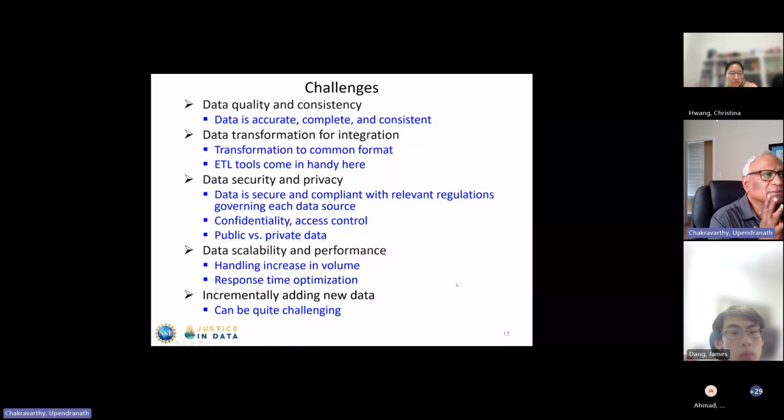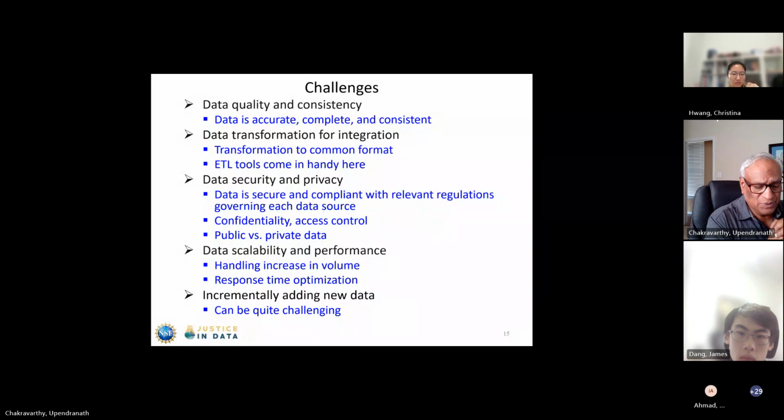What are the challenges? Certainly data quality and consistency. Quality is very important. You have to understand whether your data is accurate, complete, and consistent, because if you use data that is not accurate, your analysis is not going to be good.